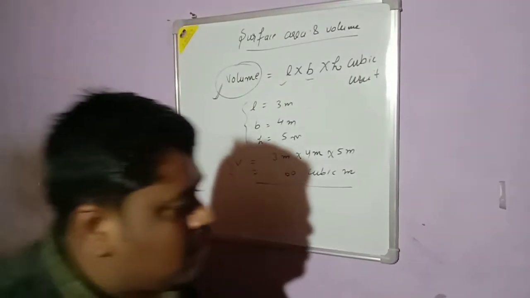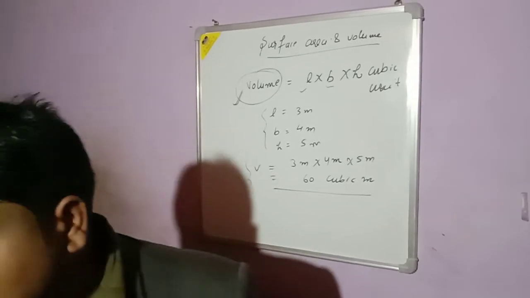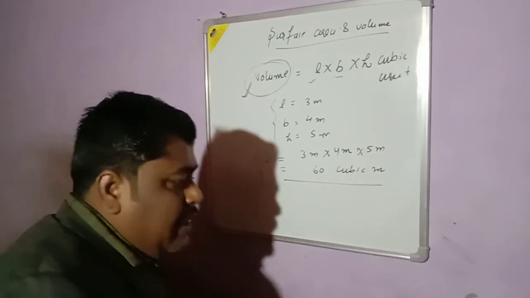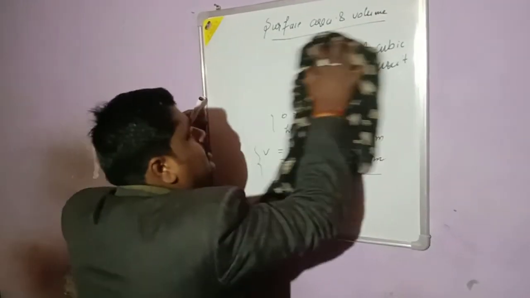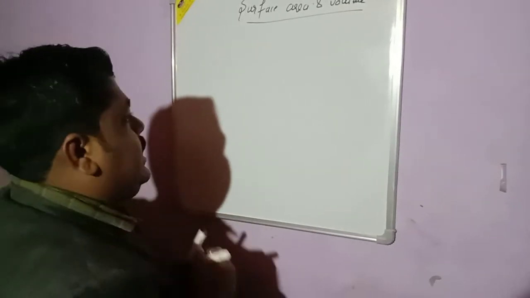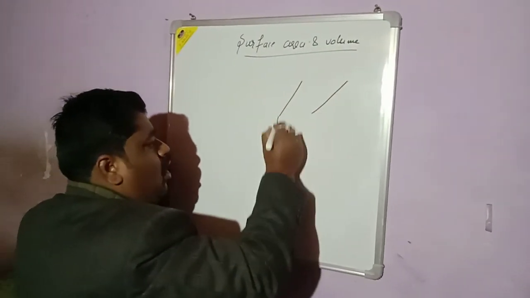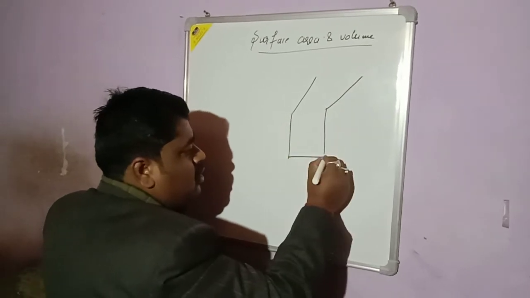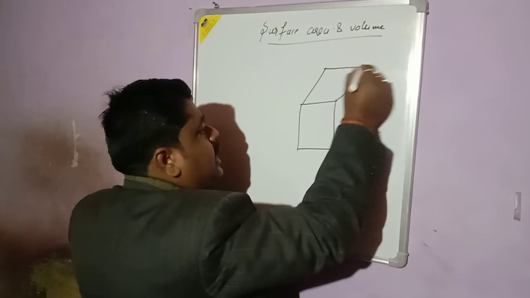Now we are moving to the next. What is it? It is its surface area. How can we find its surface area? Now we can easily identify its surface area if we draw its structure just like this.